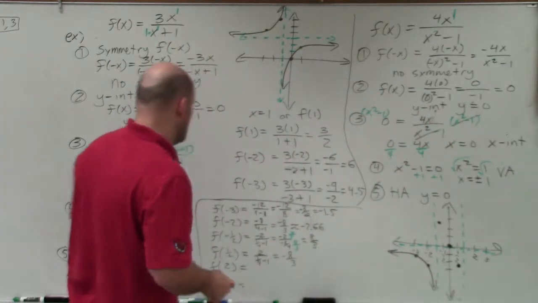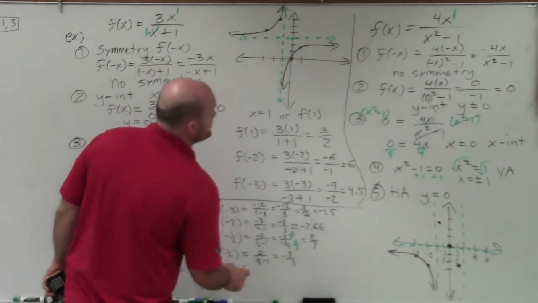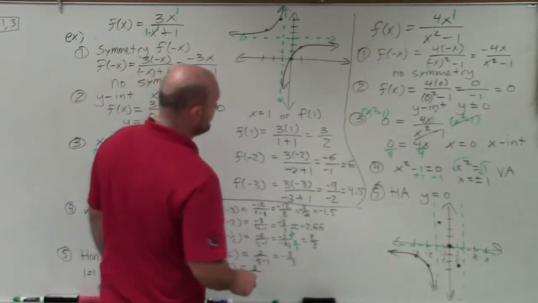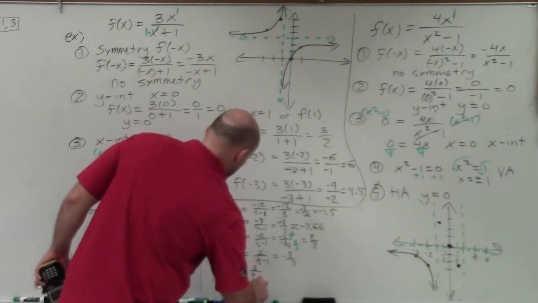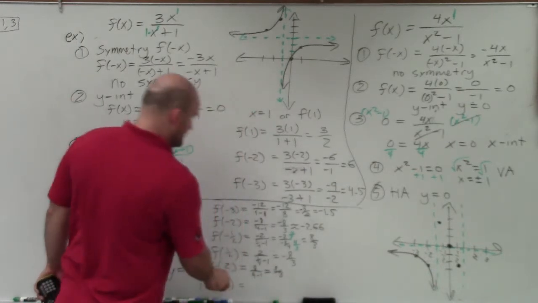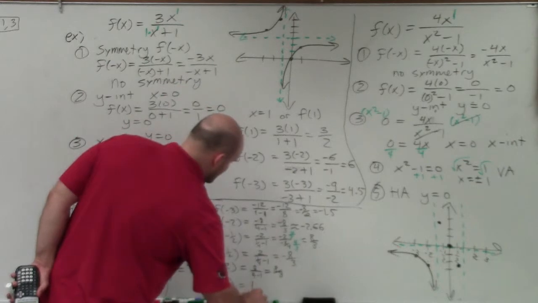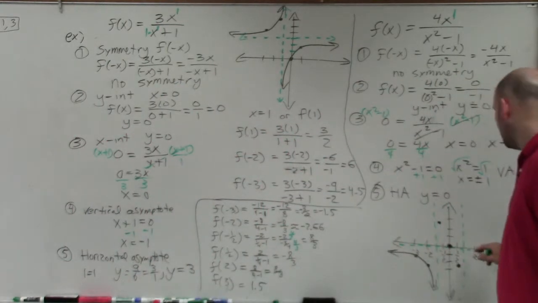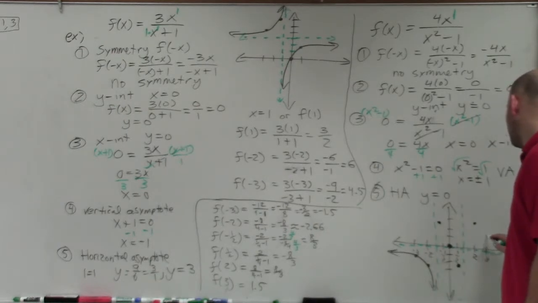And then we go ahead and do 2 and 3. So 4 times 2 is 8 over 4 minus 1, which is positive 8/3. And over here, it's the exact same, but positive, so it would be positive 1.5. So at 2, I'm looking at 2.66, and then at 3, I'm looking at 1.5.